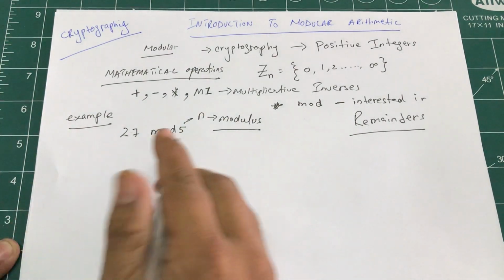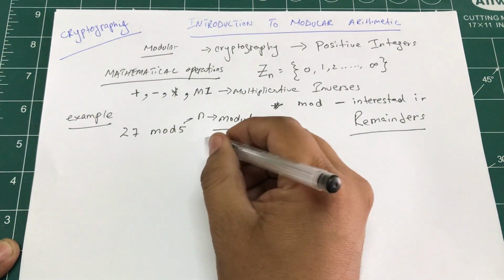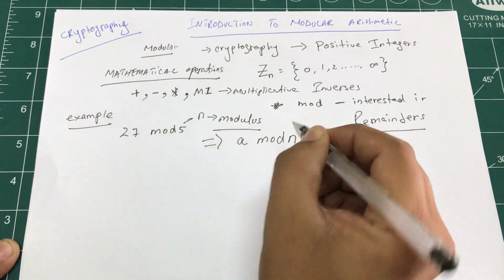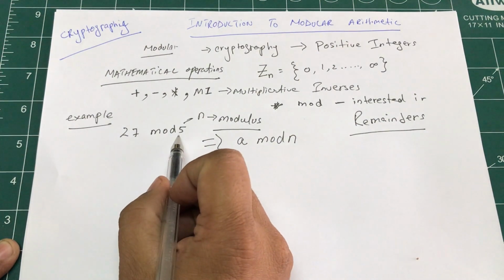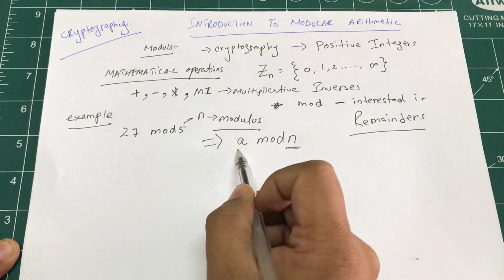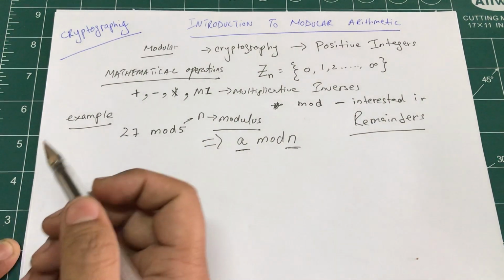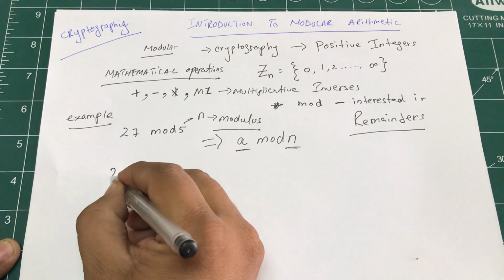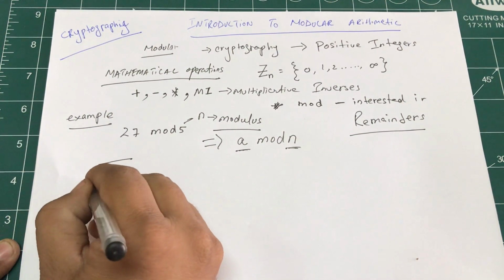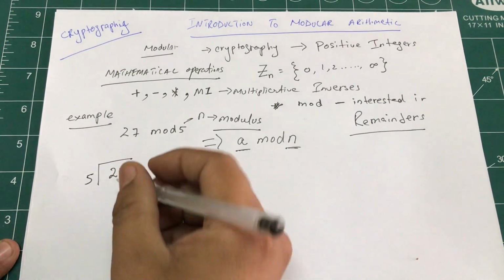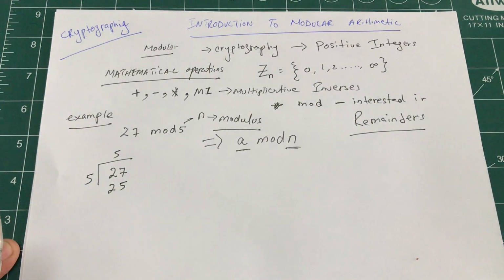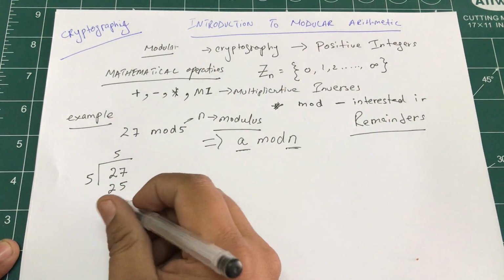All right. So in general form, this looks like a mod n. This number is going to be your modulus. In generic form, this is known as n, and this is the number that I'm dividing, a. So basically you're taking 27 and dividing it by 5. 5 times 5 gives me 25, and what is the remainder that I get?